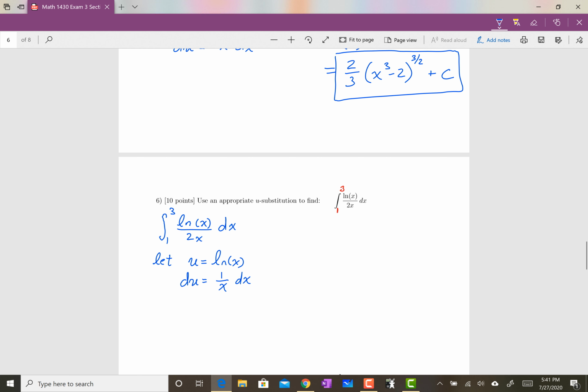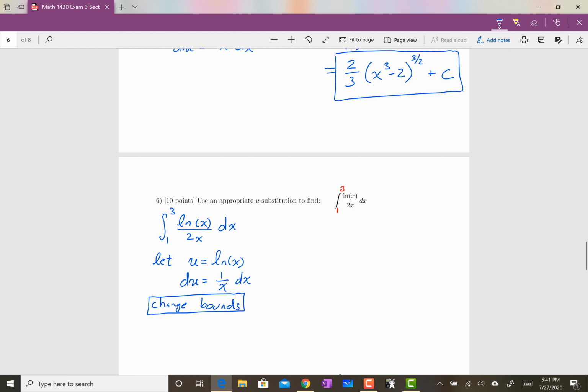The other thing we learned is that if we have a definite integral, we need to change the bounds. And what this does is it allows us to rewrite the entire function in terms of u and not resubstitute. We're going to not get any x's at the end.